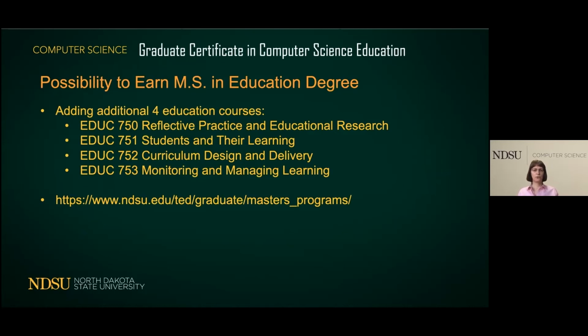One course would be on reflective practice and educational research. The second required course would be students and their learning. The next one would be curriculum design and delivery. And then the last core course would be monitoring and managing learning.